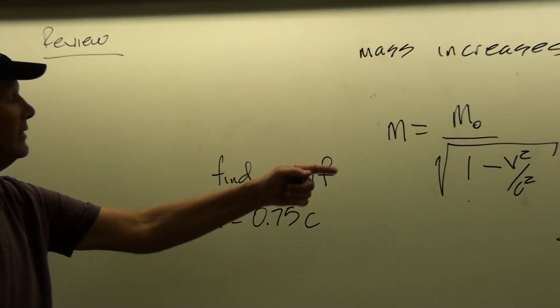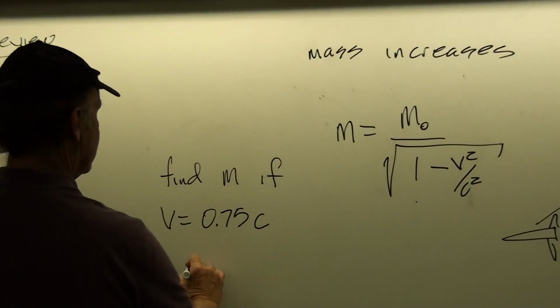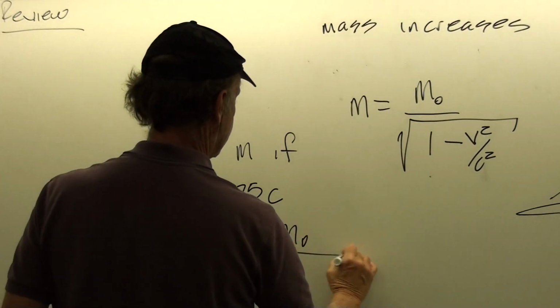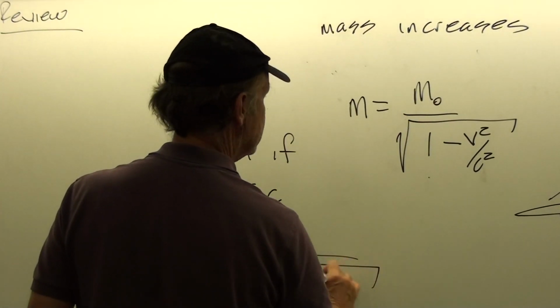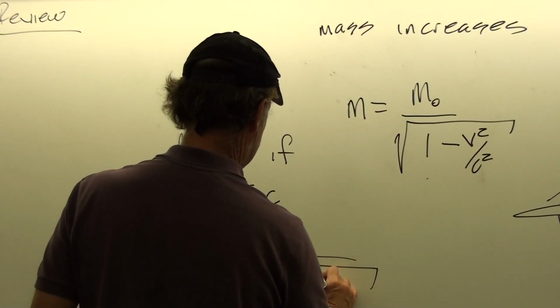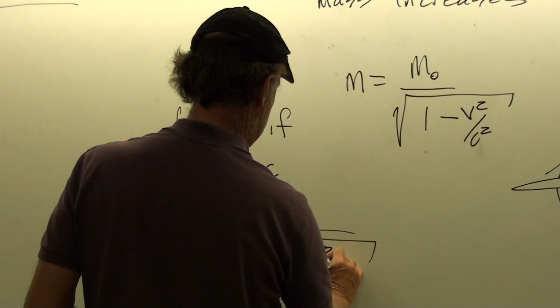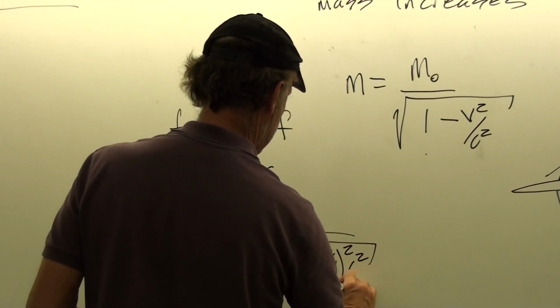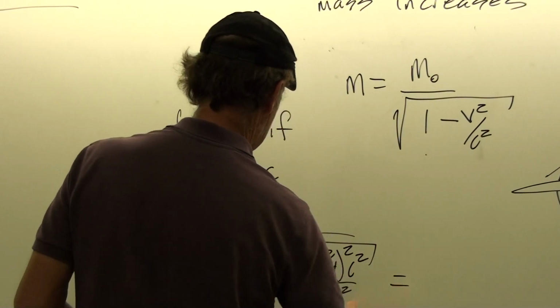And so we could plug into this expression then. This would give us m is equal to m naught divided by the square root of 1 minus, and this would be 3/4 or 0.75 squared c squared over c squared.